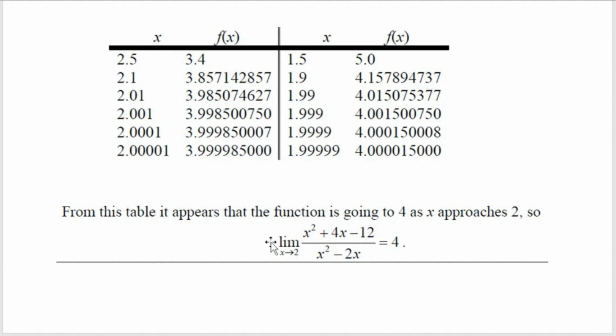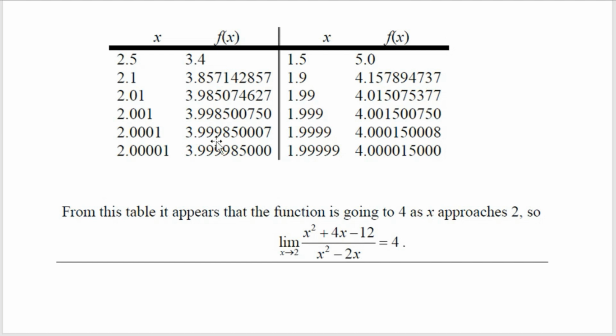Solving for that, 2.1 squared plus 4 times 2.1 minus 12 divided by 2.1 squared minus 2 times 2.1. If you use your calculator, it will give you an approximate value of 3.857142857.